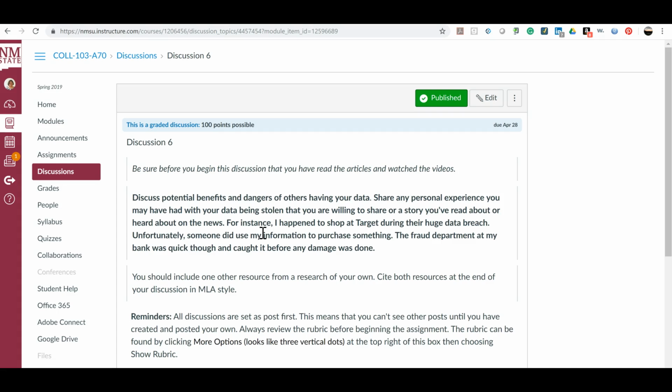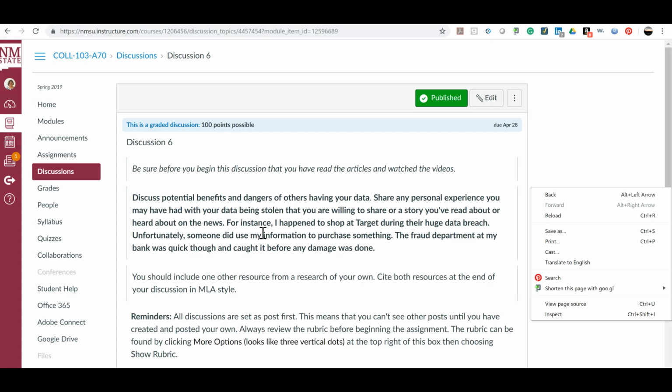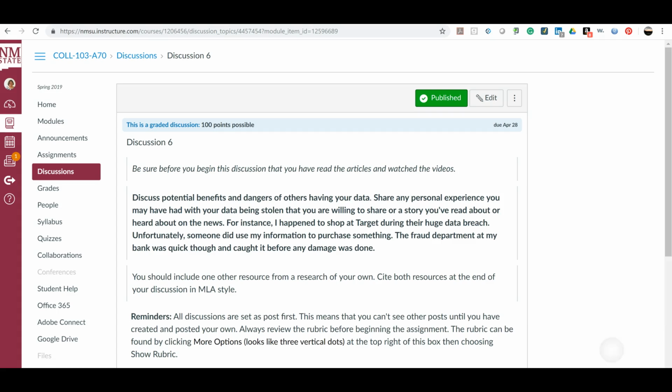research of your own. I mentioned the Target data breach that happened a few years ago. I just happened to shop there, and I don't shop there that often, but I did happen to shop during the time frame, and sure enough, someone used my card at that time, and we were able to catch it.